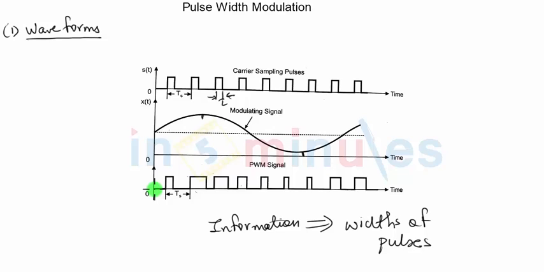Whereas in PAM, if the amplitude changes, that cannot be related to the presence of noise only, because those amplitude variations could be due to the change in modulating signal also. In short, because information is in amplitudes, the effect of noise will be more in PAM signal.